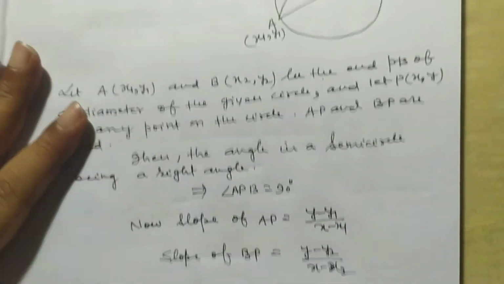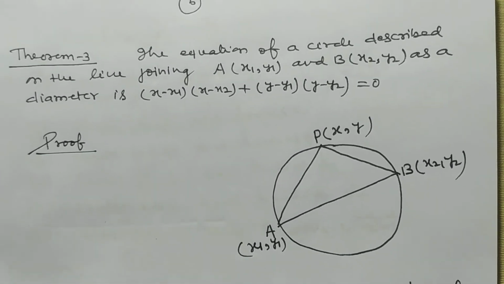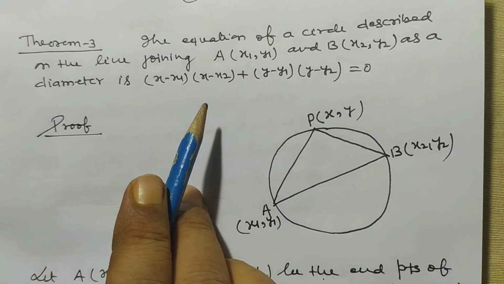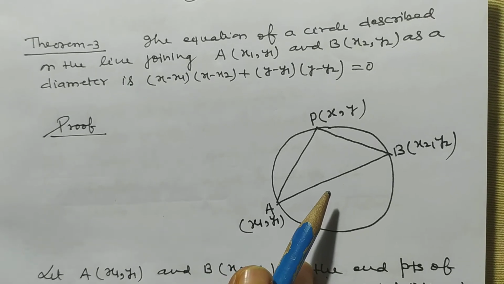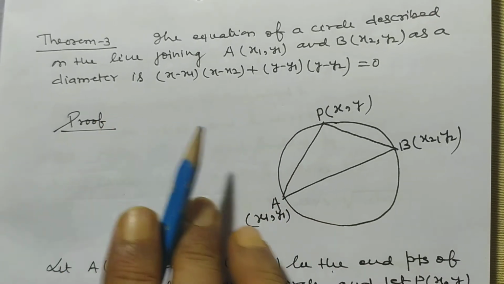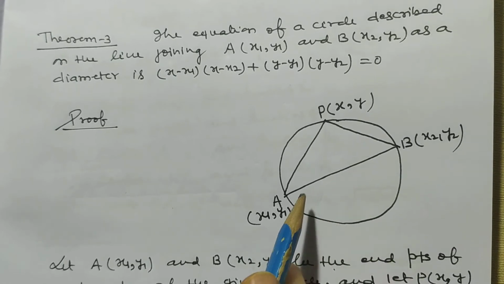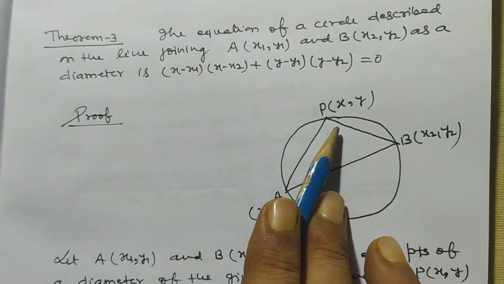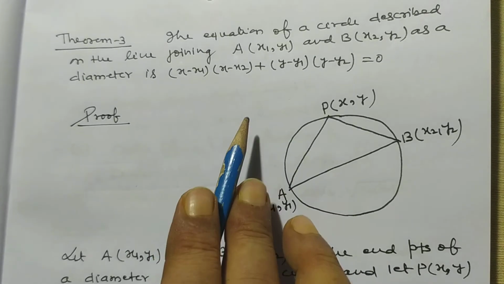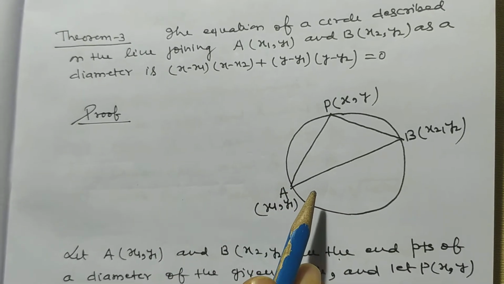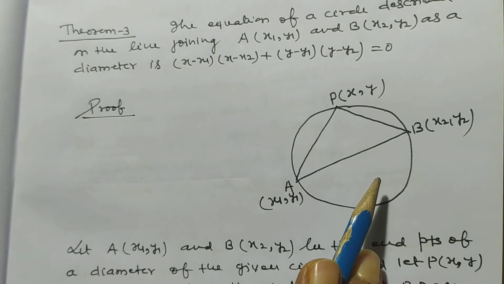Now, my dear student, there is a very, very important form, known as the diametric form of the equation of a circle. The equation of the circle described on the line joining A and B as diameter is (x − x1)(x − x2) + (y − y1)(y − y2) = 0.